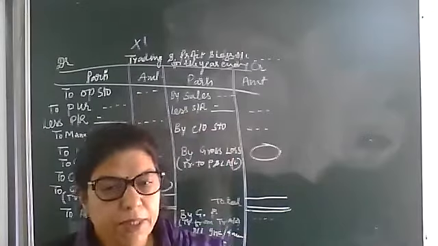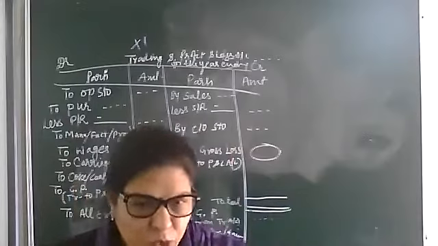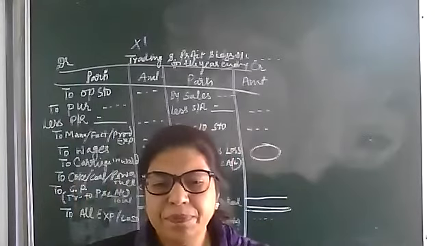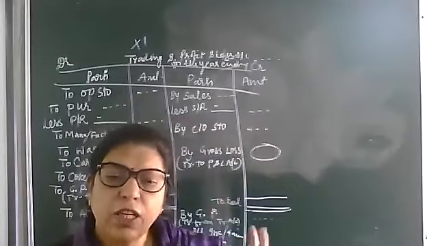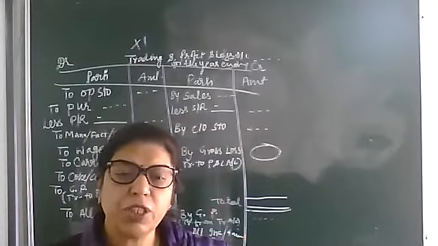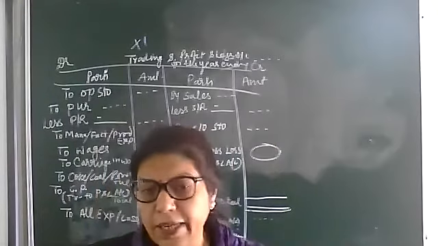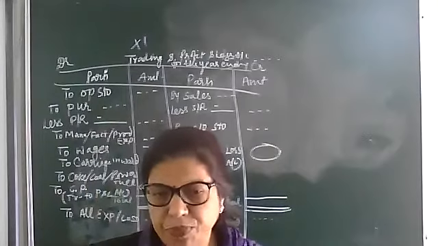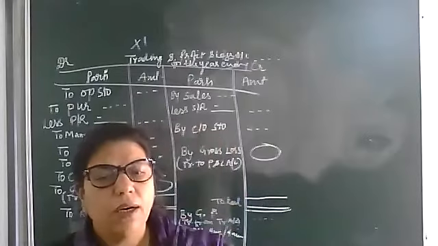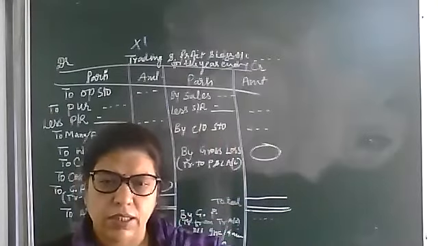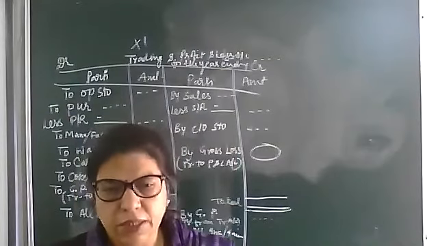Yes, salary paid, rent paid, interest paid, discount paid, commission paid, stationery and postage, office maintenance, office and selling and distribution expenses, delivery van expenses, meaning all the expenditures which are related to the office, to selling, to distribution, to after sales. All the expenditures will be included in P&L account.